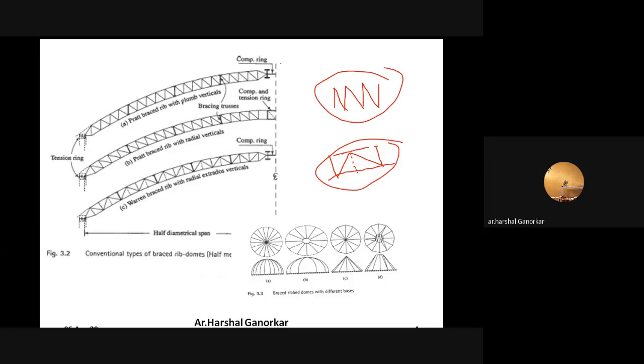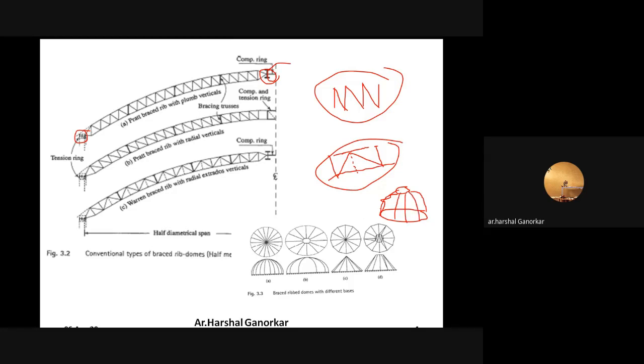And again, while seeing this, you can also imagine the compression ring as well as the tension ring. Whenever we join two different trusses, there is a compression ring at the top and a tension ring at the bottom.